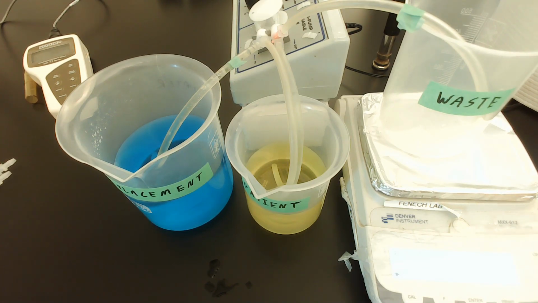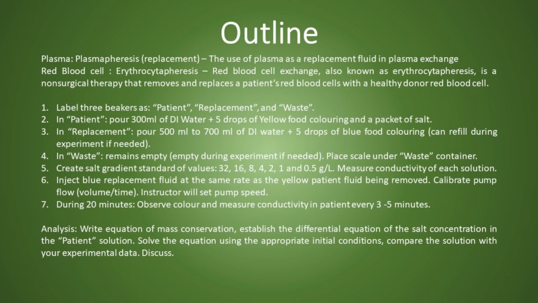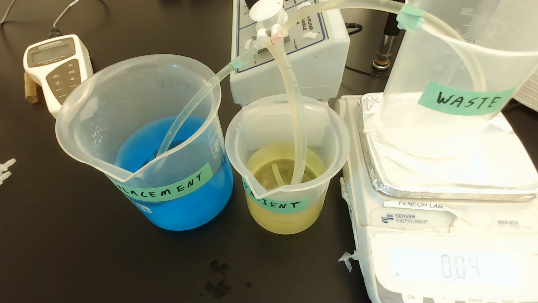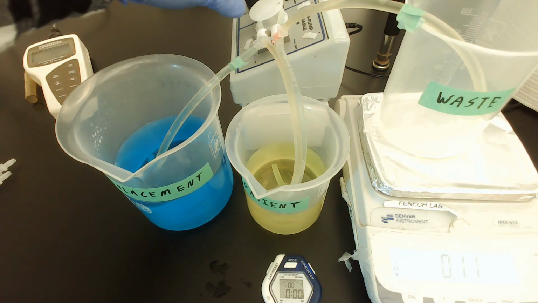So again, we're going to tare our waste beaker so that it's at 0. And we can now move on to the next phase of the experiment, which in this case will be running the setup, replacing the patient's solute-filled fluid with clean replacement fluid, and depositing of the waste accordingly.